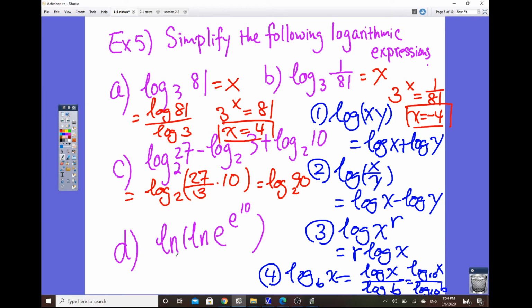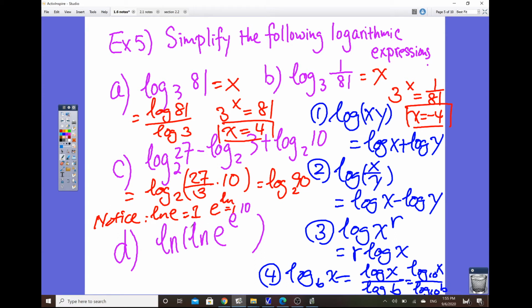And now what about natural log of e to the power of e to the power of 10? One thing we notice is that natural log of e is always 1. That's the one we use for solving the inverse. And e to the power of natural log is also 1.